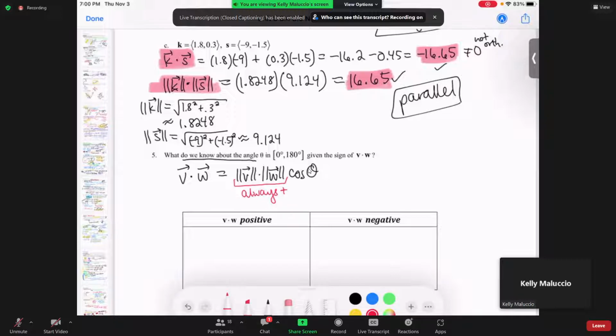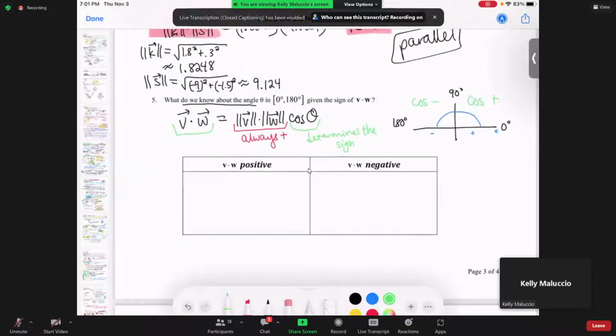That means the cosine piece determines the sign of the whole thing. If we think about cosine as it goes from 0 to 180, with 0, 90, and 180 degrees, between 0 and 90 remember cosine is the x-axis, so it's positive here but negative over there.